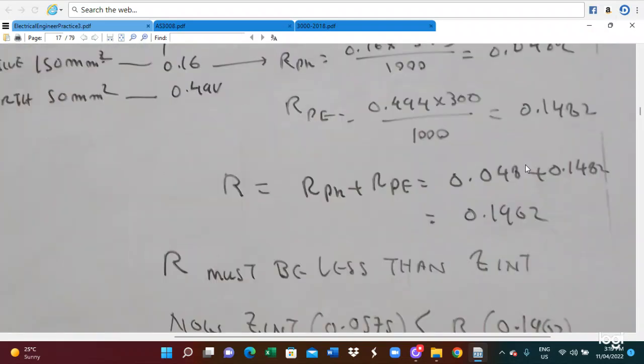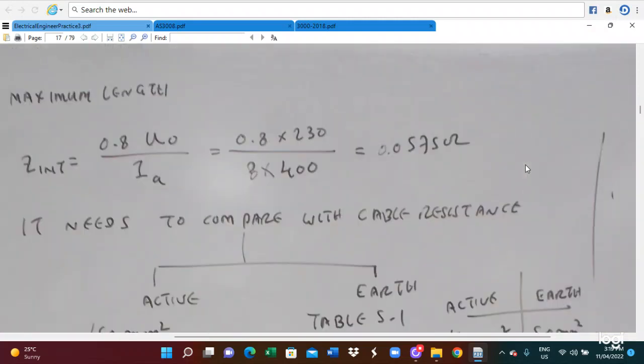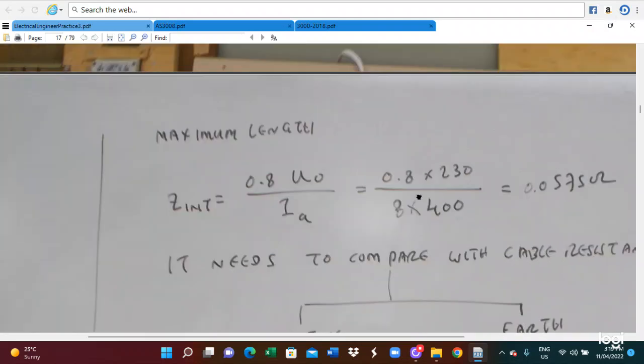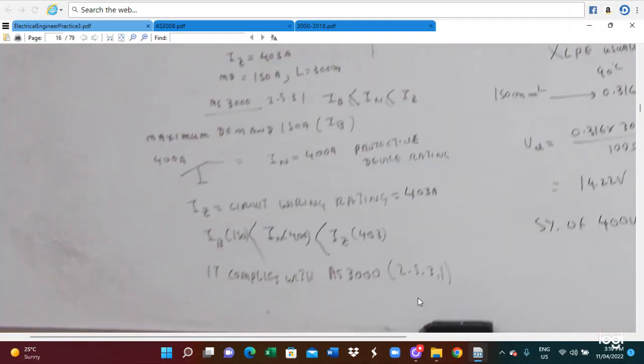Then we also have to calculate the maximum length of the design of this system. So we substitute here ZINT equal to 0.8 U0 by IA. 0.8 U0 is 230. IA is the maximum current we calculate, IA is 400 ampere.